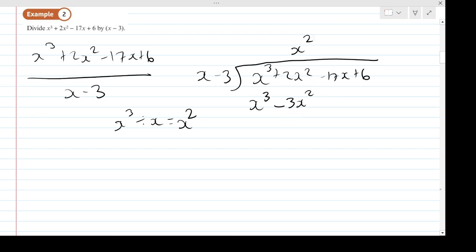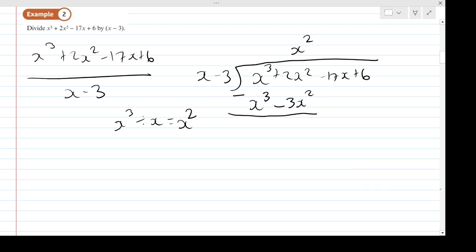Once we've got that, the highest power terms should be matching, and that's important, because now I want to get rid of the x cubed terms. Think of these as simultaneous equations. To get rid of x cubed, I'm going to subtract.